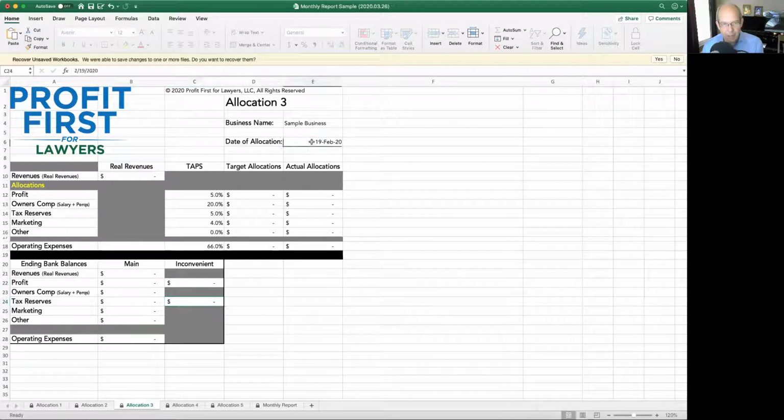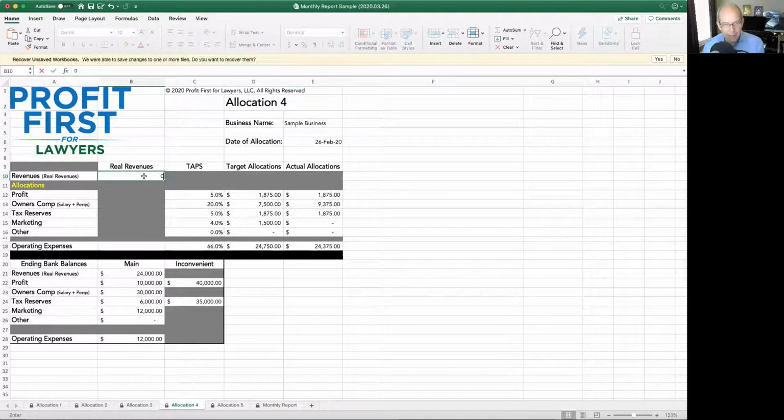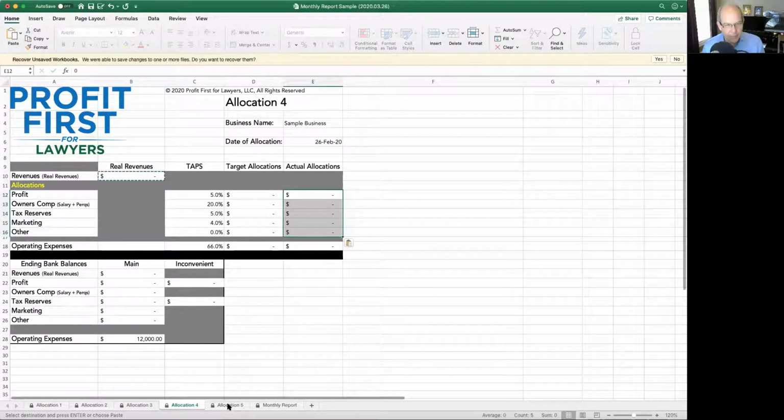That's important, and we can put whatever date we want here. It doesn't matter. So that's going to be true of allocation 3, allocation 4. We'll just go real quick and do this a little bit faster for you. And allocation 5, same thing.